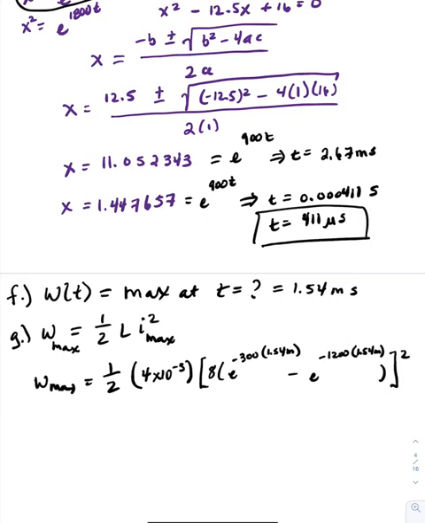So let's solve for this here. The maximum value for i is, 1200, 1.54 times, so this would be 3.78 amps.